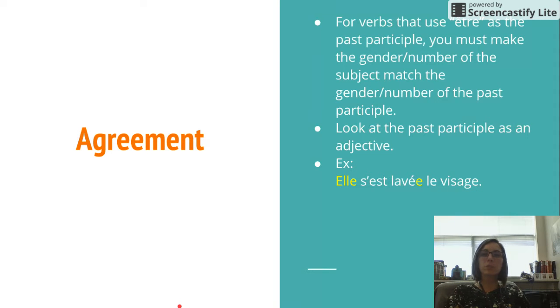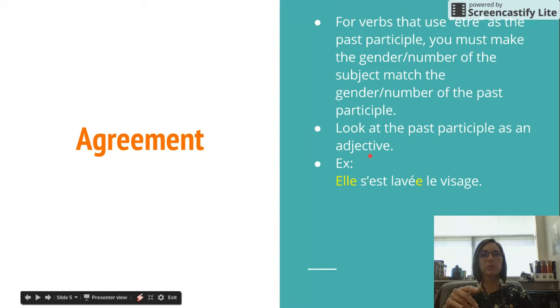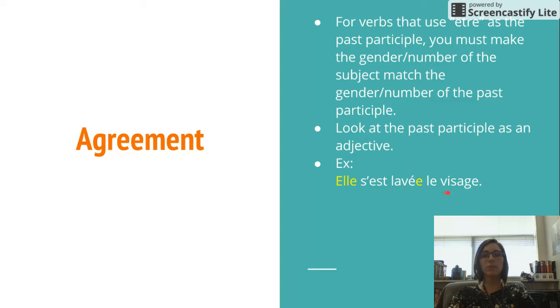Now, the other special rule about our Van der Tramp verbs and our reflexive verbs using être as their auxiliaire is that you have to actually make agreement between the past participle and the subject of the verb. So you're basically looking at the past participle as an adjective. For example, we have elle s'est lavé le visage.